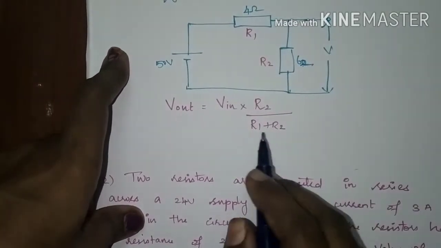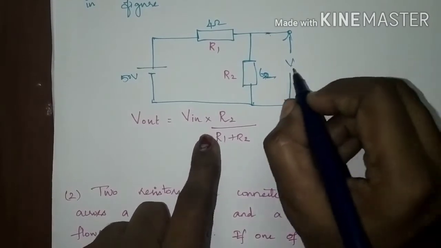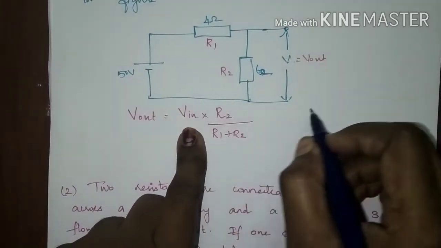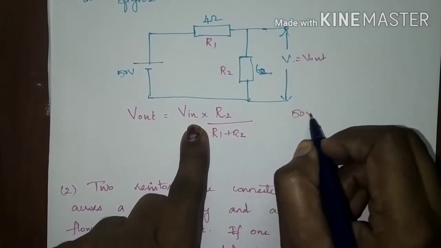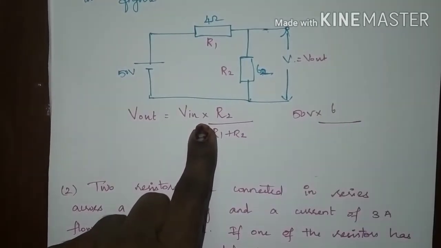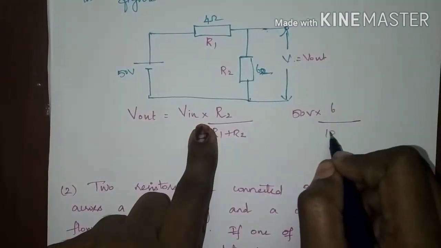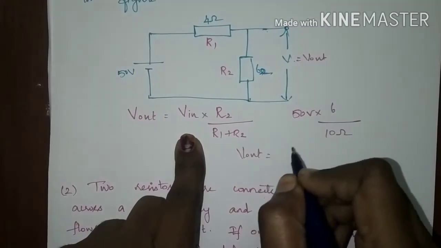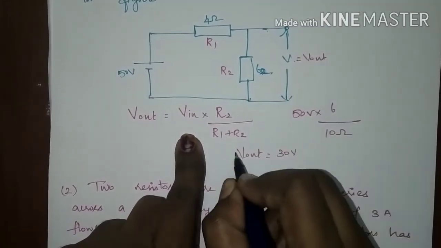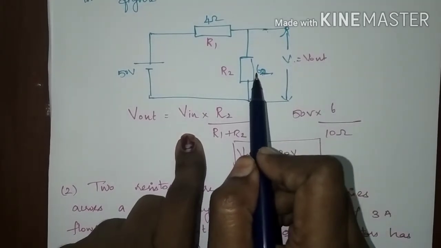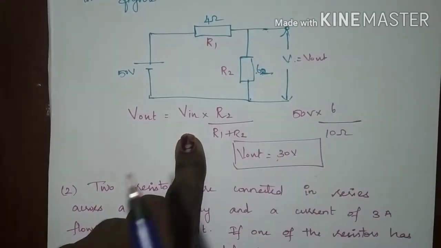So R2 divided by R1 plus R2 gives the V output voltage which we have to find. V input is 50 volt, R2 is 6 ohms, divided by the total resistance of 10 ohms. So the value of V output is 30 volt. That is, the voltage across the 6 ohm resistor is 30 volt.